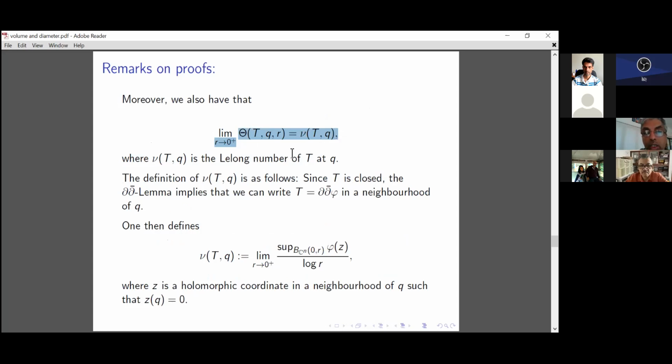Putting all these things together, one actually gets what one wants. Unfortunately, that part is a bit technical, so I can't go into that. So let me just stop here.